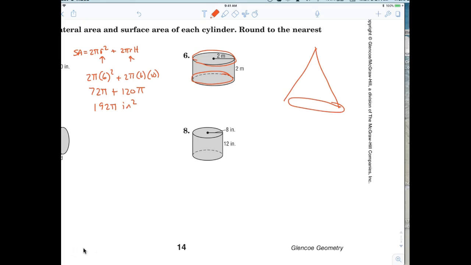Today we're doing prisms. Tomorrow is going to be cones and pyramids. What about lateral area? The lateral area is just the area of all the sides. So the lateral area is just the perimeter times the height.